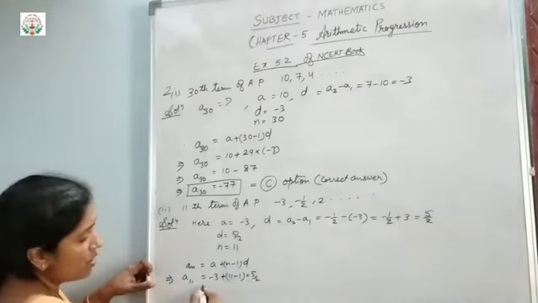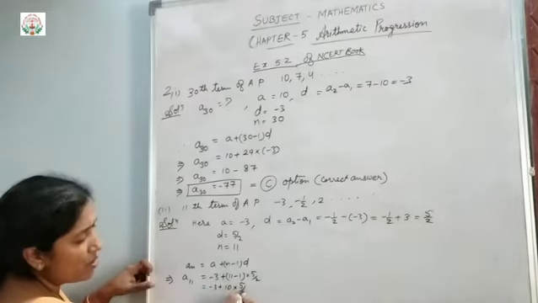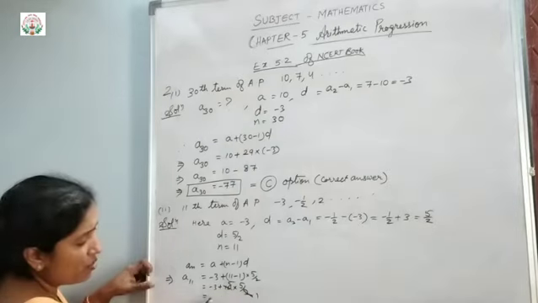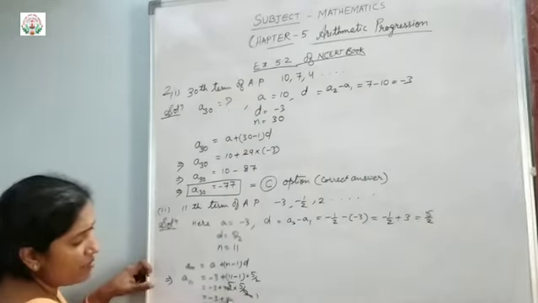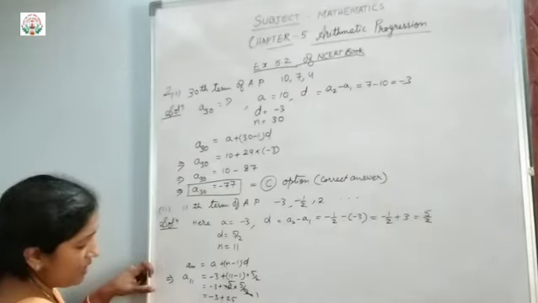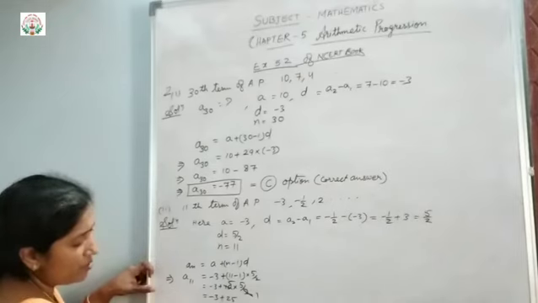Now on simplification, what you get? Minus 3 plus 11 minus 1 which is 10 into 5 upon 2, which equals 5, the 2 in numerator and denominator get cancelled. So minus 3 plus 25, because 5 fives are 25. So now it will be 22. Thus you can write A11 term is 22.